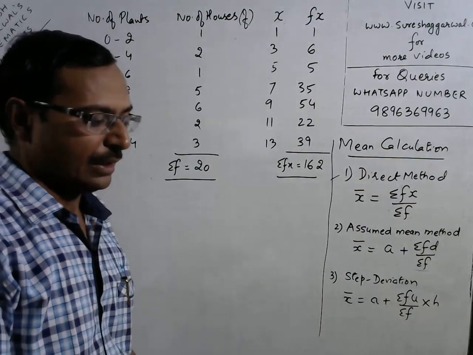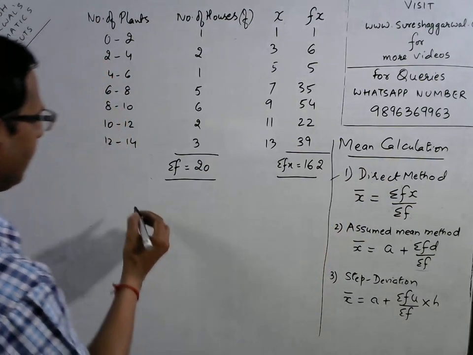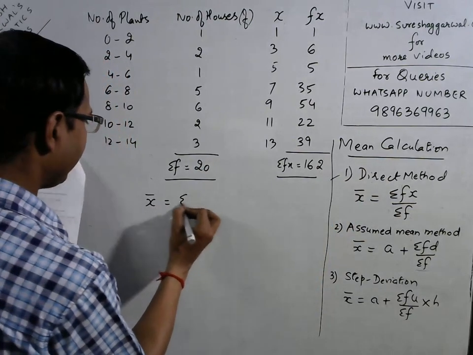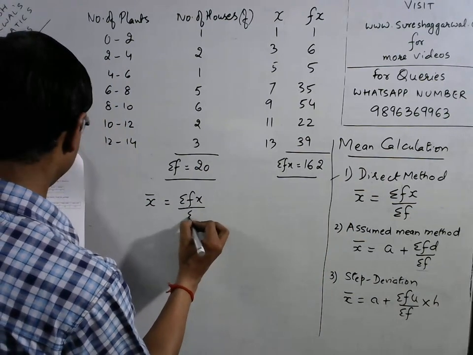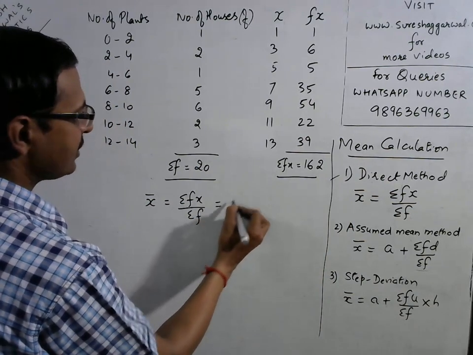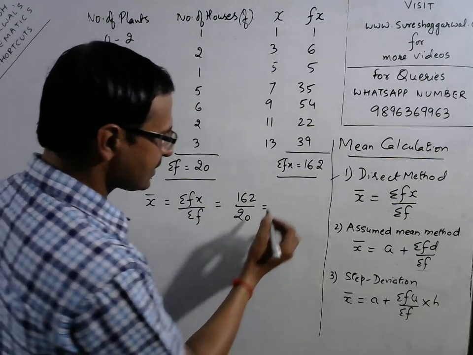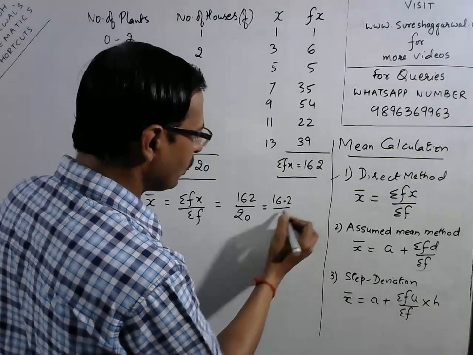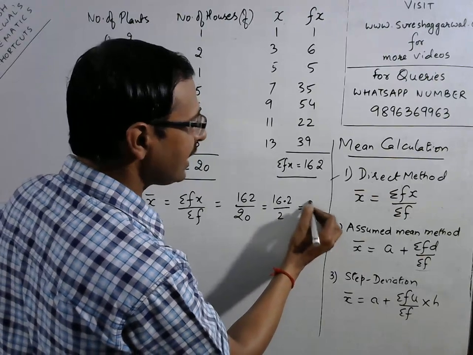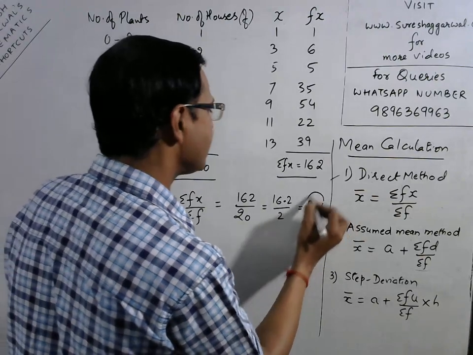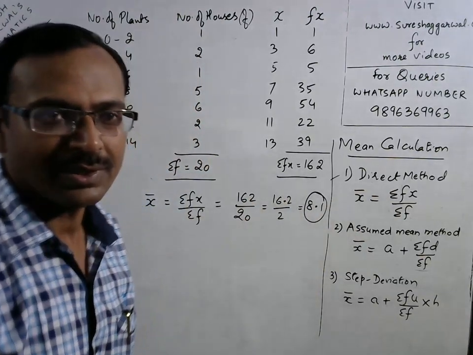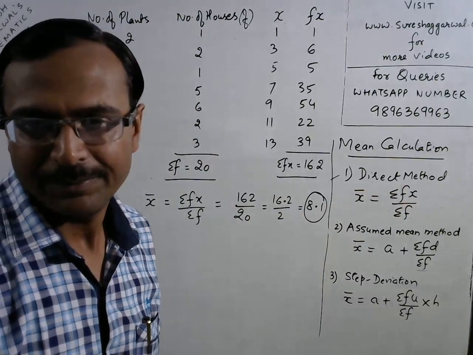So the direct method mean will be sigma fx upon sigma f, which is 162 upon 20. So if you remove this 0, it will be 16.2 divided by 2. So your answer is 8.1. So this is the mean of the question using direct method.